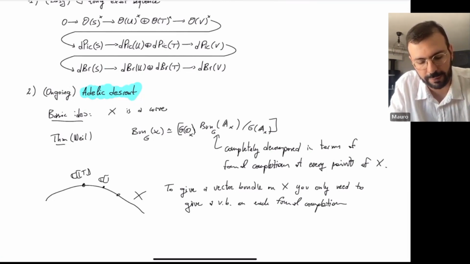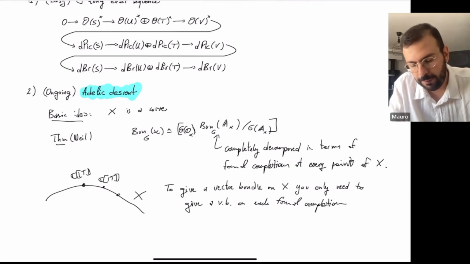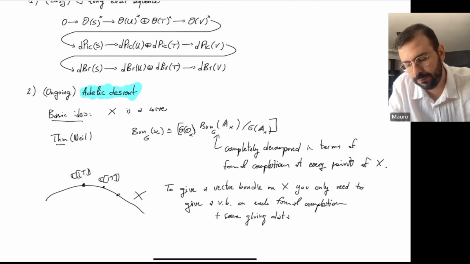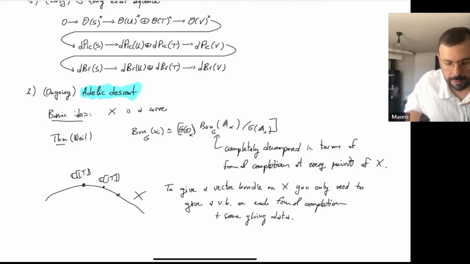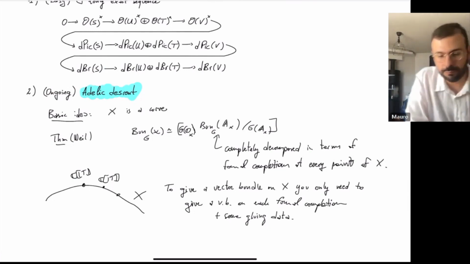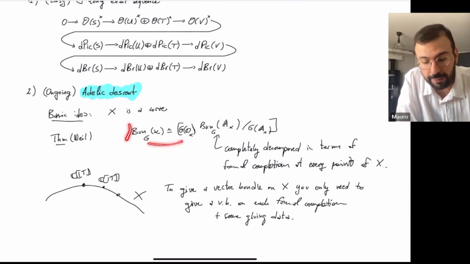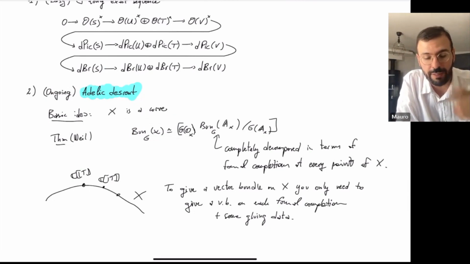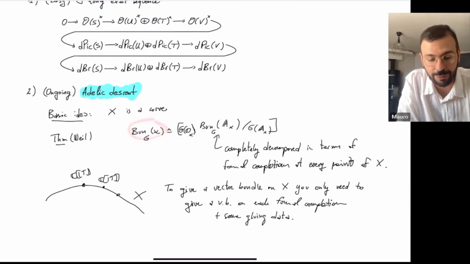So it's a super local statement plus some gluing data. And so this is a great theorem of Weil that allowed for deep studies of the topology of Bun_G passes through this theorem. Let's say like this.